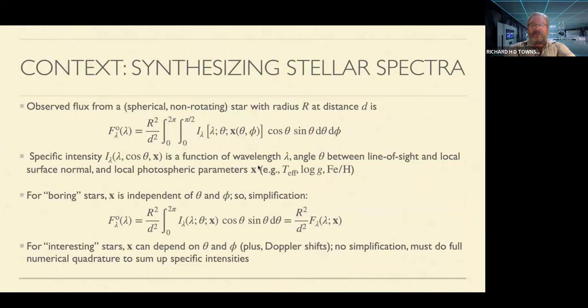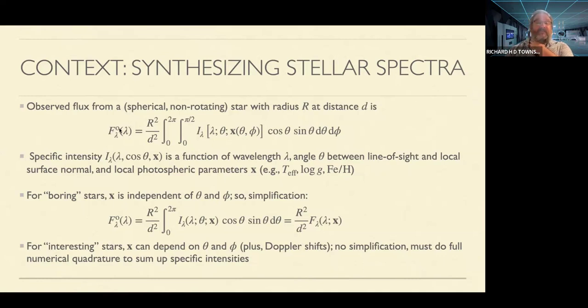The context for MSG is a problem often encountered in stellar astrophysics. We've got some model of a star system, and at some point we've got to calculate an observed flux spectrum. The way we do that is we integrate the specific intensity, I_lambda, over the visible disk of the star. I hope my mouse pointer is showing up.